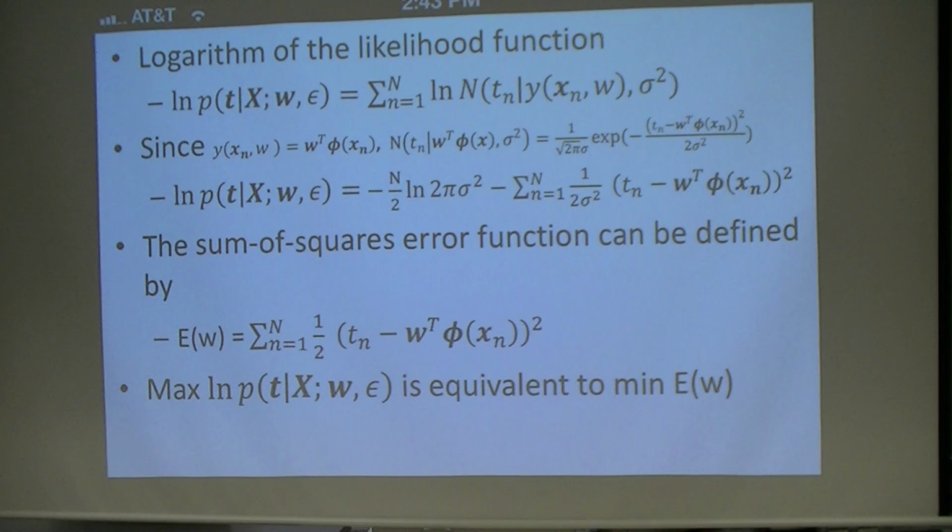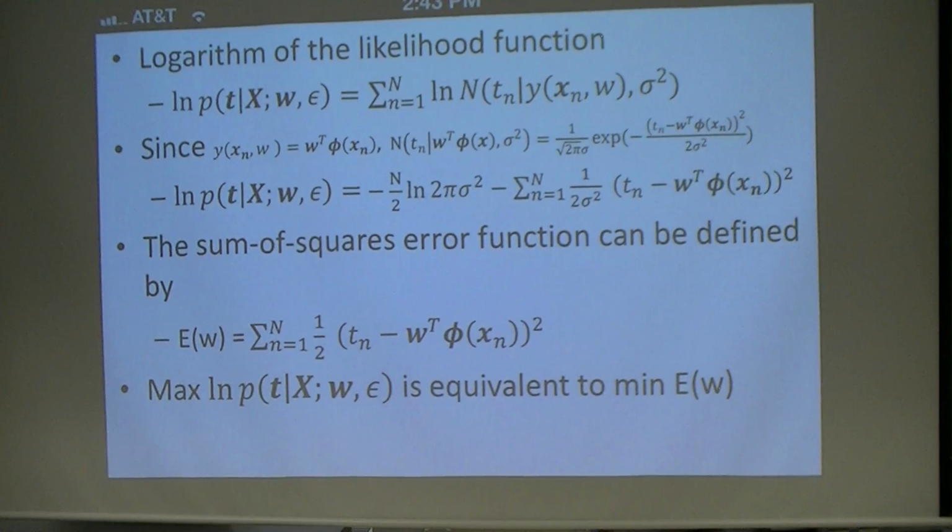So maximizing this log likelihood function is equivalent to minimizing the second term, and we can further define the second term as a sum of squares error function like this. Then we try to minimize this sum of squares error function.